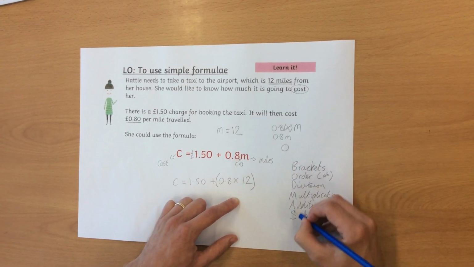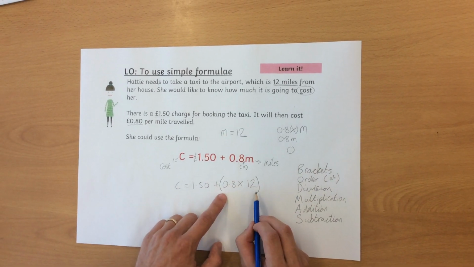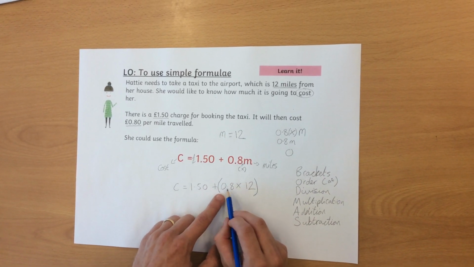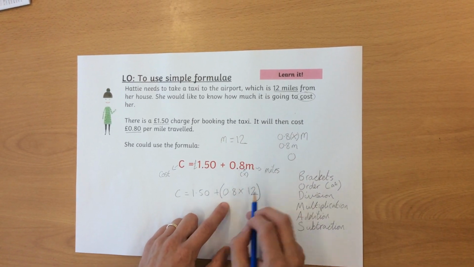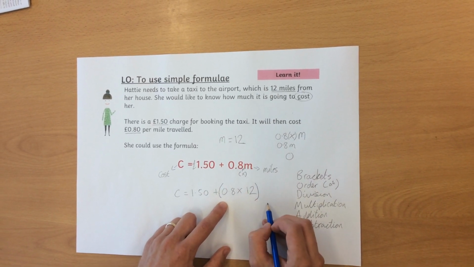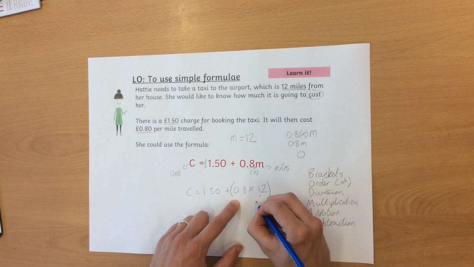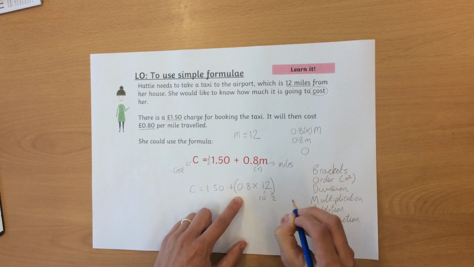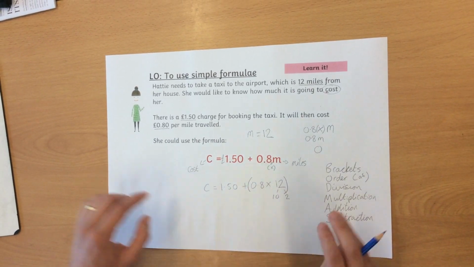Right, so if I follow my BODMAS rule, I'm going to go back to my calculation. B for brackets, this is what I need to do first. 0.8 multiplied by 12. Now there are a few different ways you could do this. You could write a written calculation if you wanted to, but what I think might be an easier way is to partition the 12 into 10 and 2. And instead do 0.8 multiplied by 10, because that's an easy one to do.